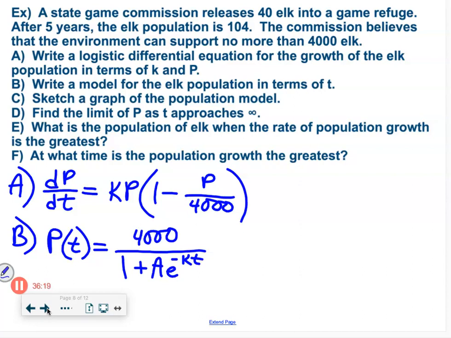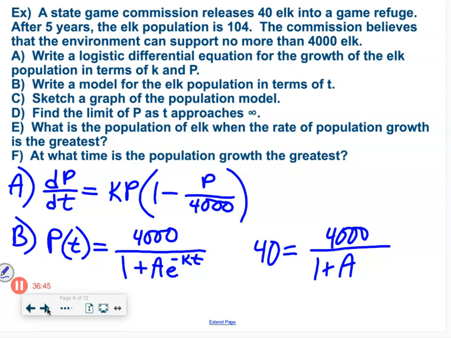Now we need to solve for A and K. We need some points. Is there a nice point that we could start with to plug in? 0, 40. Oh, wow. Okay. Yes. All right. Let's plug in the point (0, 40). So when time is 0, the population is 40. So e to the 0 is just 1.